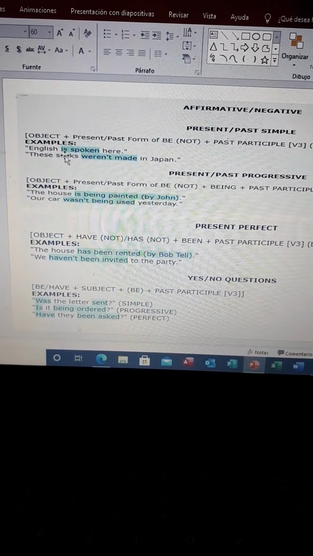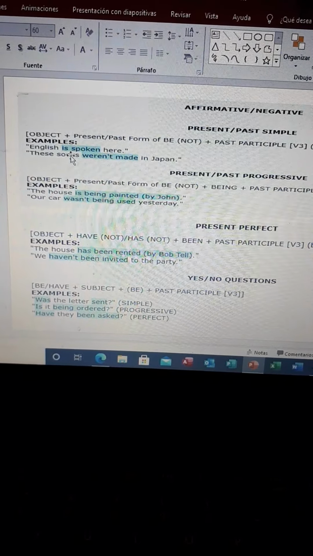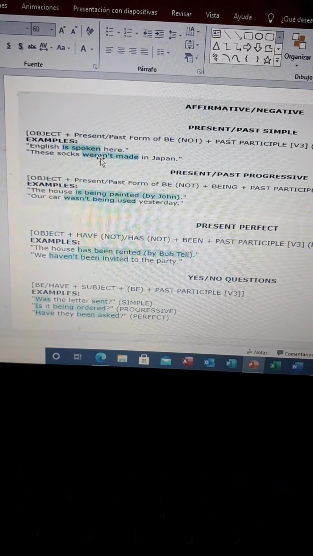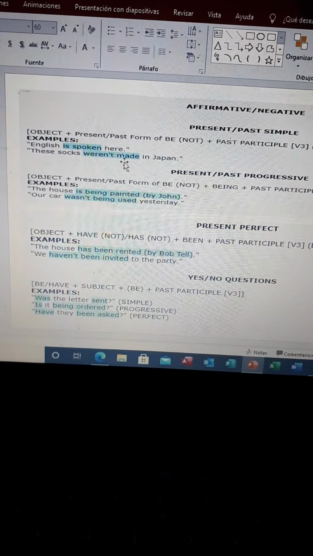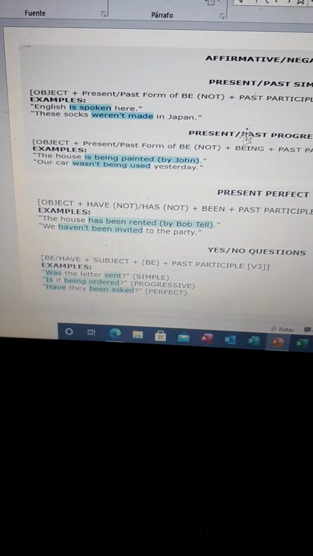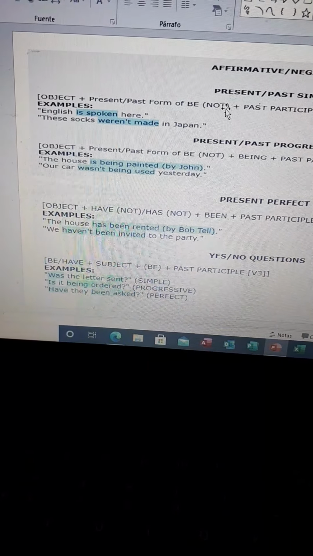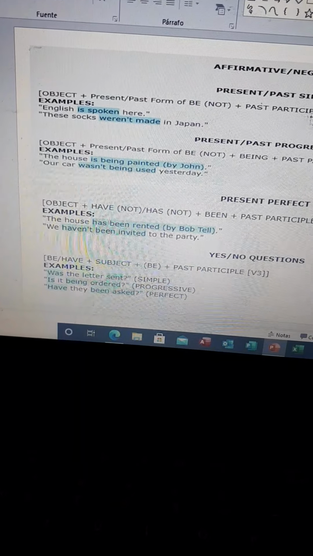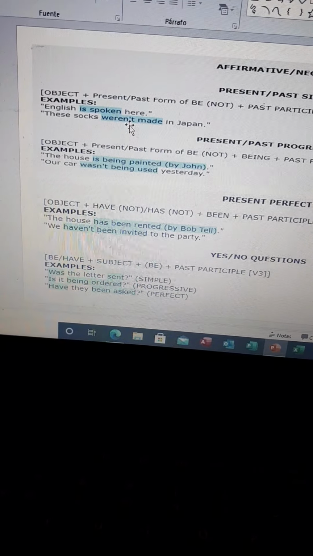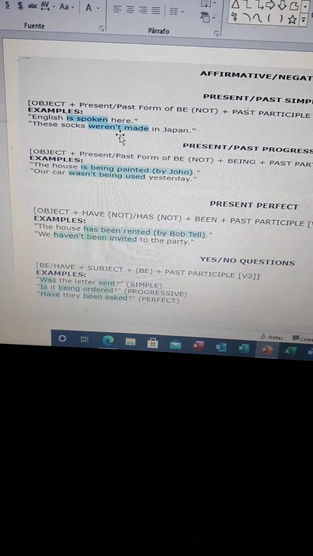You can work with is or are in present, and in past, was or were. Is spoken or were made or weren't made. Also positive or negative, okay. So present is or are, okay. Present negative isn't or aren't. Past simple is was or were. Past simple negative wasn't or weren't.